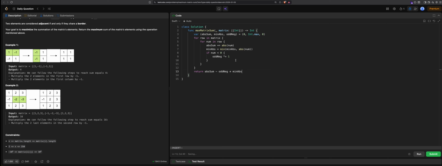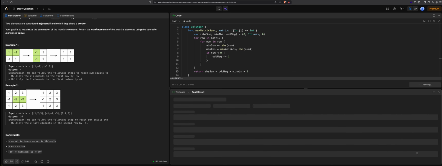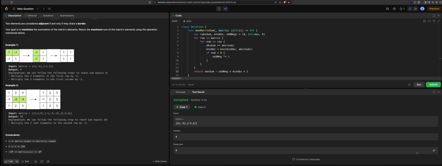What that means is we have a minimum absolute that could be negative or whatever, and then we multiply it with 2. So let's try to run first before I explain why we need to multiply with 2. Okay, it went well.